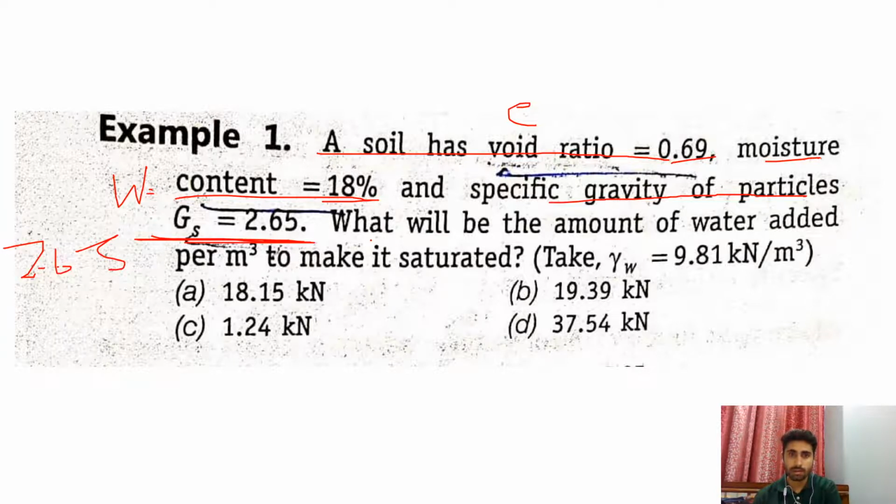This is not the last, this is actually the second last numerical. So what will be the amount of water added per meter cube to make it saturated? What is the amount of water added to make it saturated?